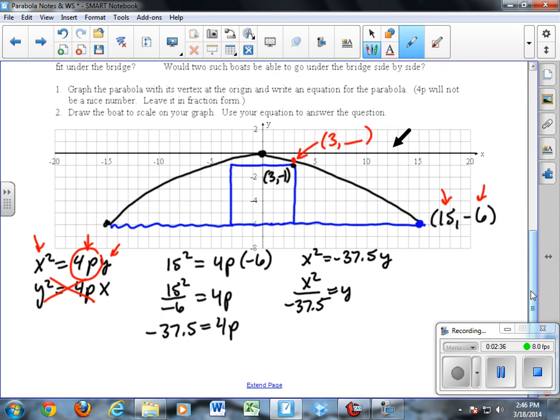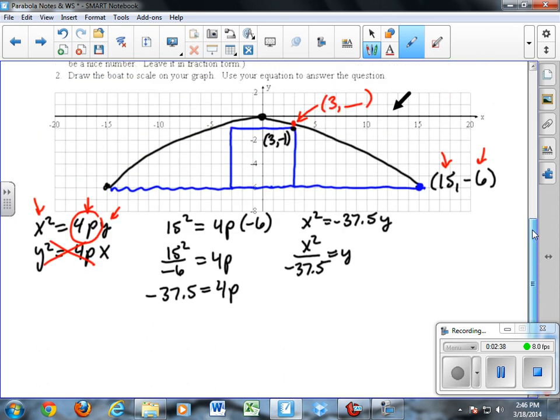Now to use that equation to answer the question I've been asked, I have to draw in my boat. This boat is 6 wide and 5 tall based on the wording of the problem. If I have the boat go straight under the middle of the bridge, which seems to be the most logical place to send it, this corner would be at the point (3, -1).